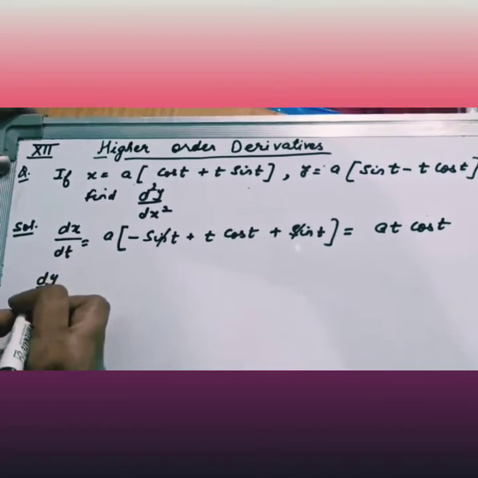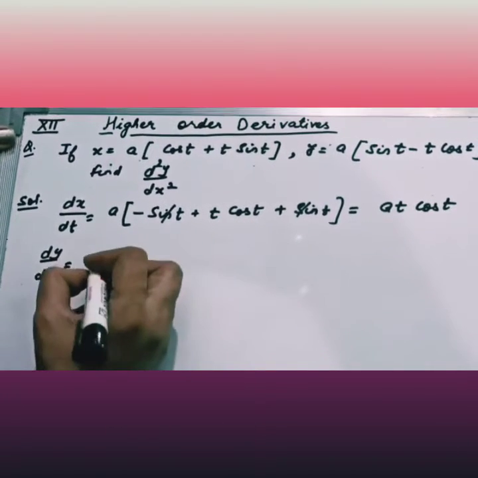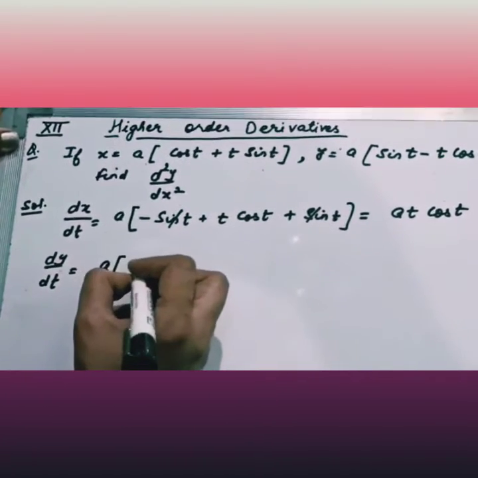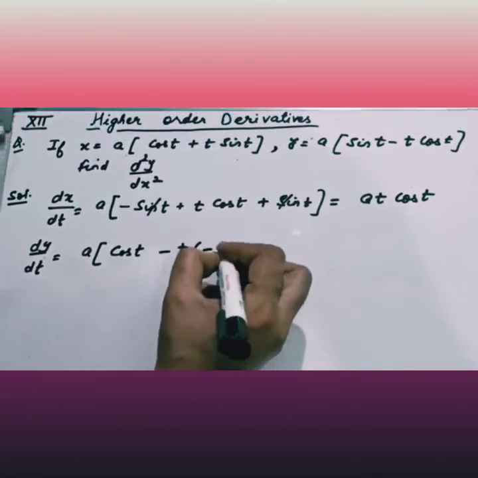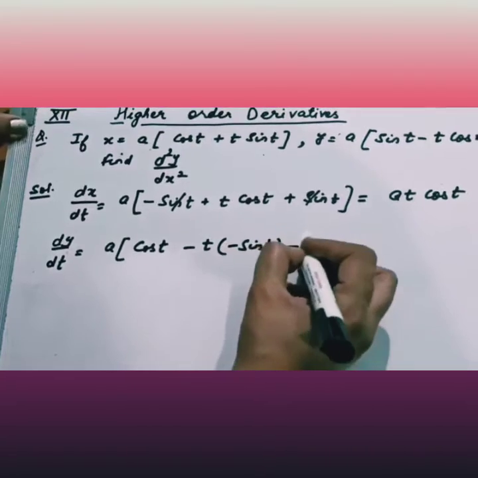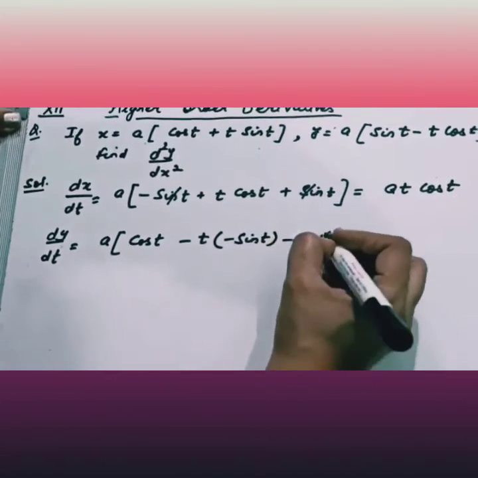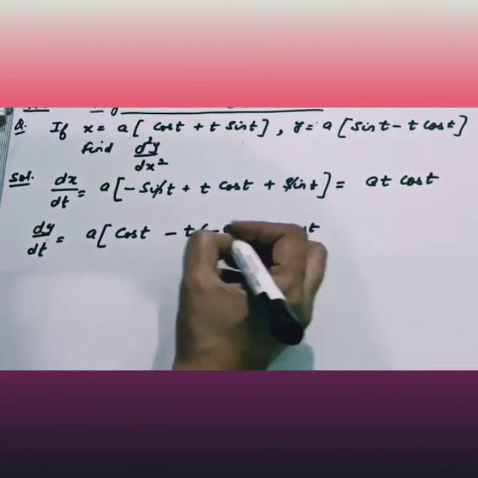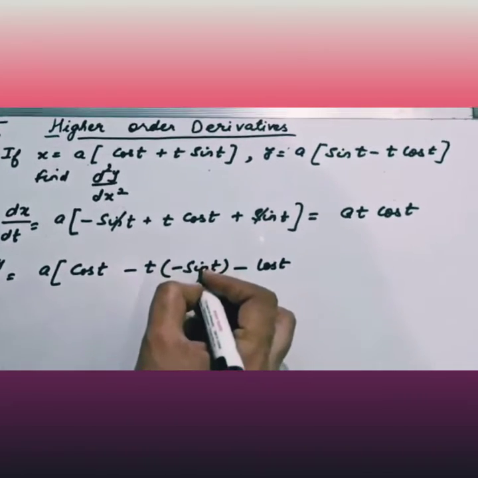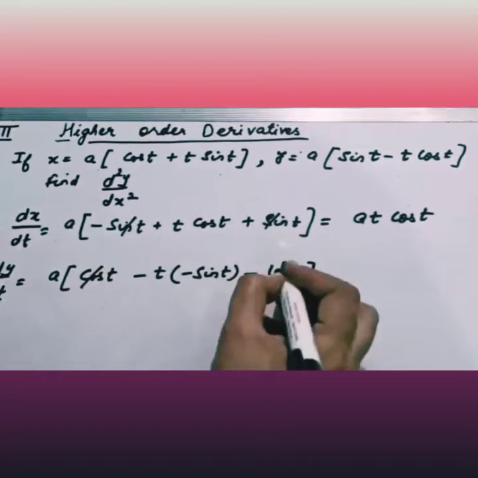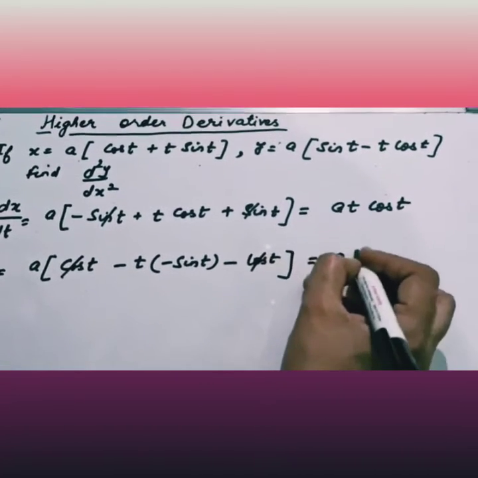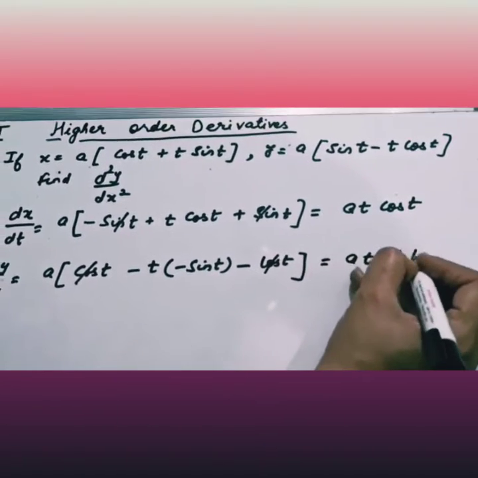Similarly, write down dy by dt, that is a, sin t derivative cos t, minus t, derivative of cos t is minus sin t, derivative of t is 1. Apply the product rule, t as it is, derivative of cos t, cos t as it is, derivative of t. So these two cancel, it will be a t sin t.